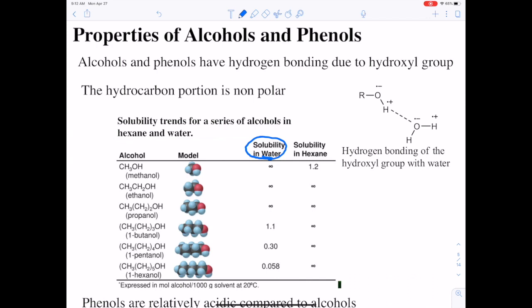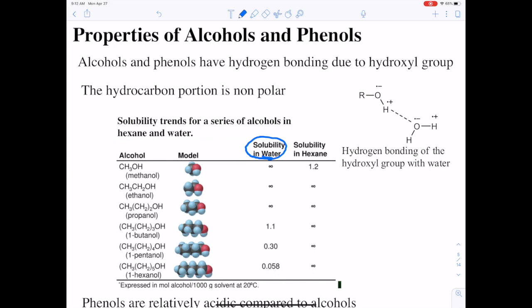You see the infinite solubility? That means it will dissolve in any quantity. You can have 50-50 alcohol and water, methanol, ethanol, or propanol, or any ratio of water and those 3 alcohols will be a solution.